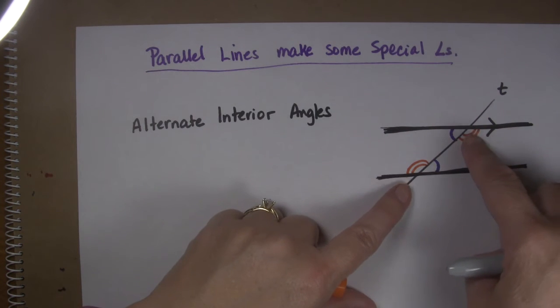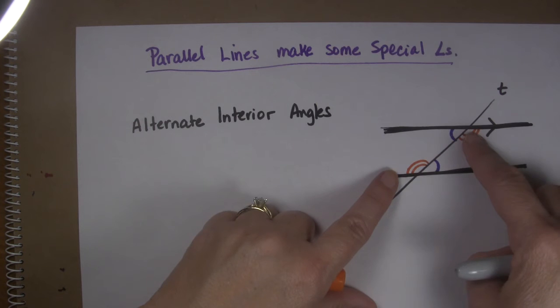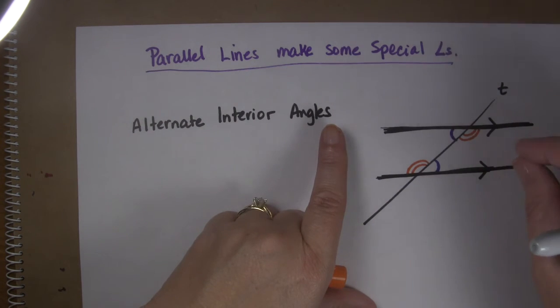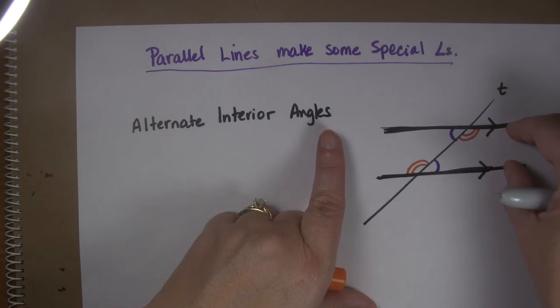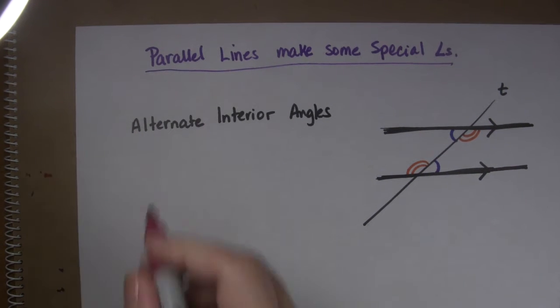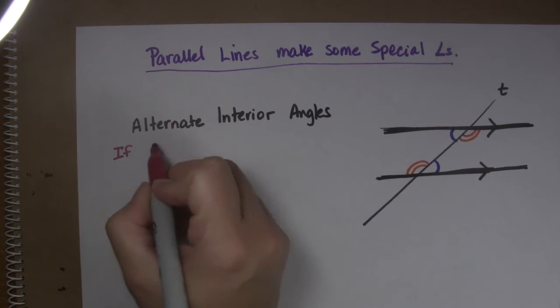They are both alternate, meaning on opposite sides of the transversal, and interior, meaning inside the parallel lines.